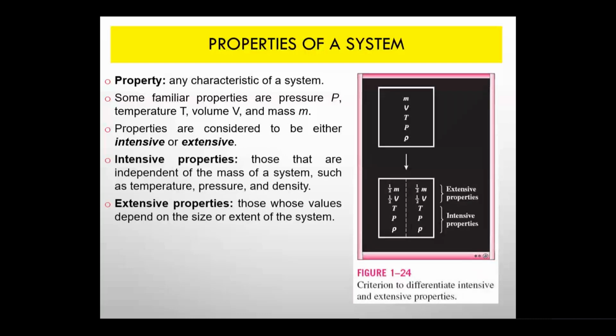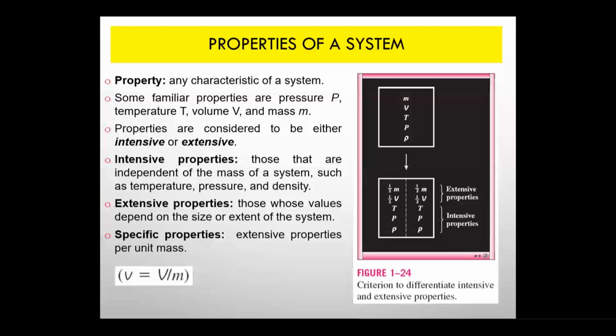Same example is given on the right hand side of the screen. Specific properties. Specific properties are extensive properties which are expressed per unit mass. That means any extensive property which is dependent upon mass, if you divide it by the mass, it would become independent of the mass. Clear? And it would actually convert into an intensive property. For instance, I have volume.